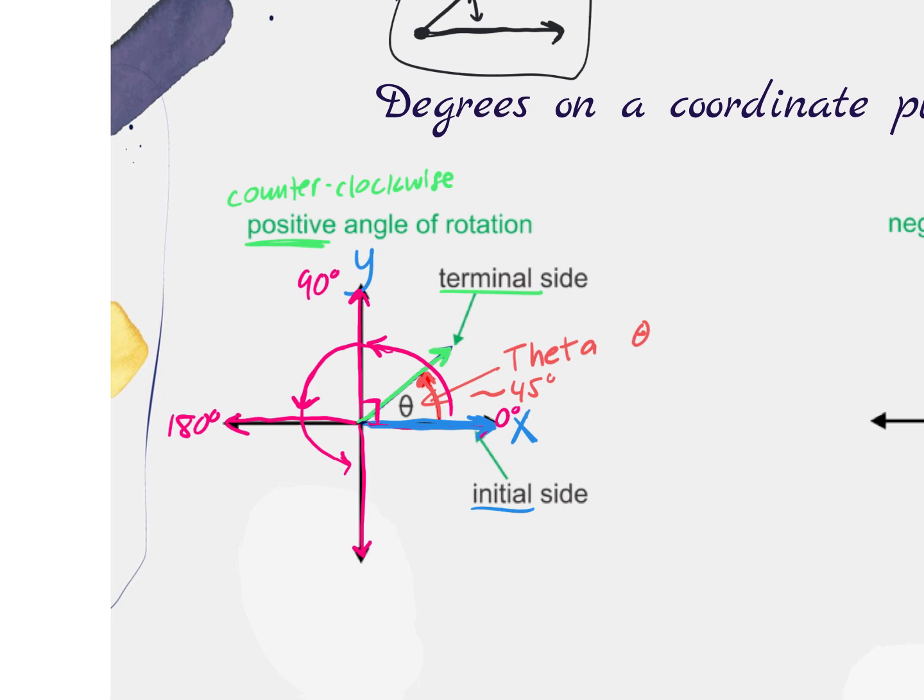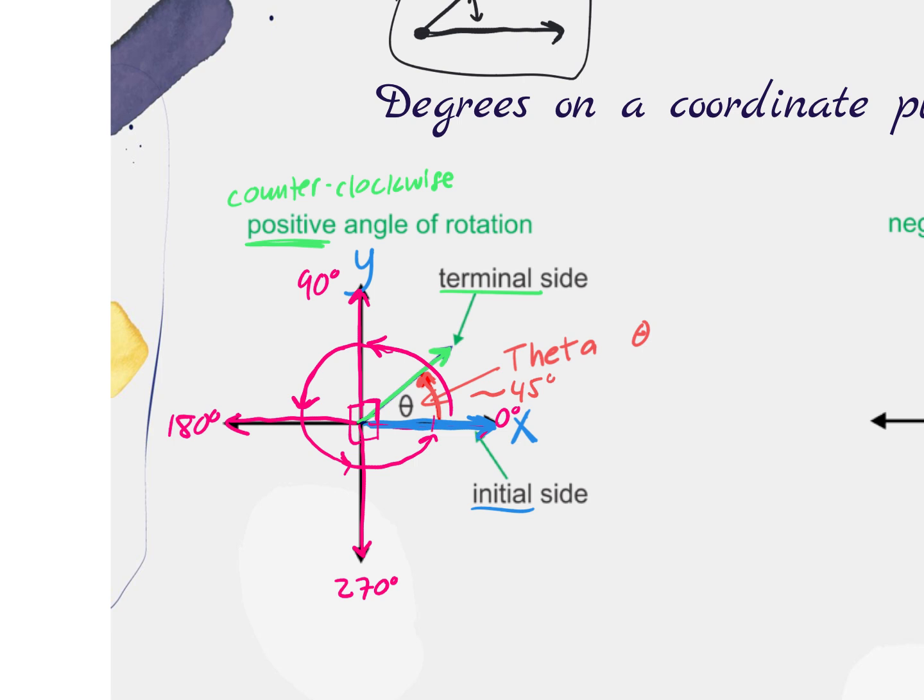We can say that this is 270. It's another 90 degrees, a right angle. And then if you keep going all the way around, we have another right angle. And you can see that if you go all the way around, the shape that I just drew is a circle.